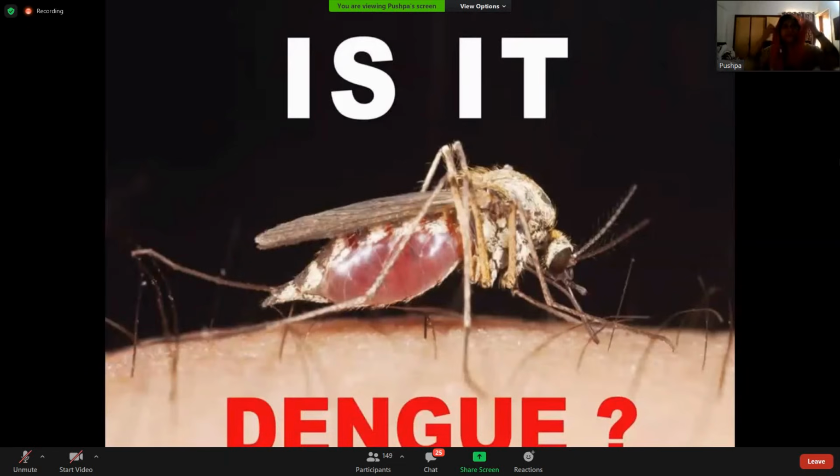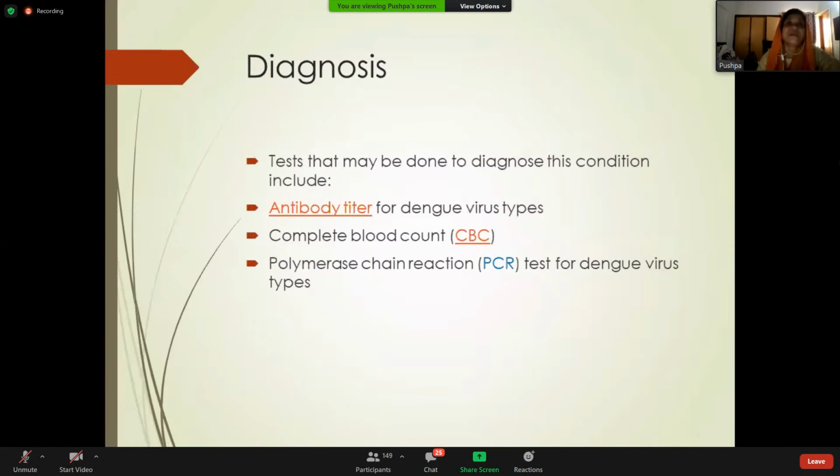So we have to confirm through laboratory tests whether it is dengue or something else. So what do we have to do? First and foremost, you have to do the CBC or complete blood count or complete blood picture. Sometimes it is called CP or CBC, one and the same thing.